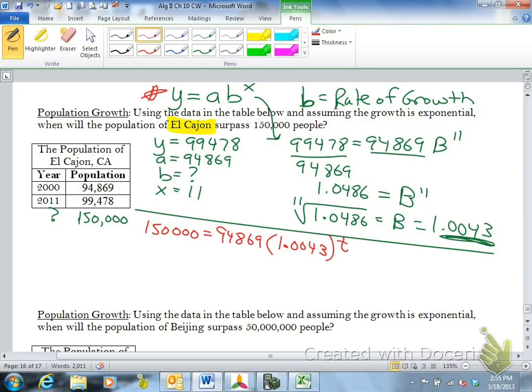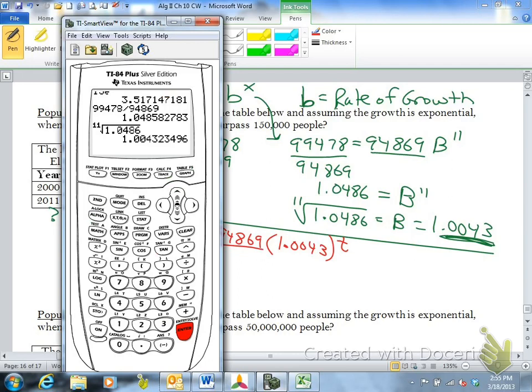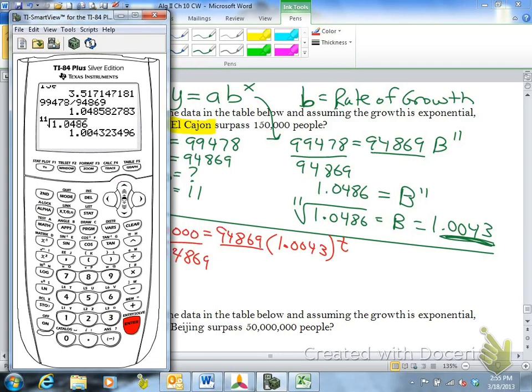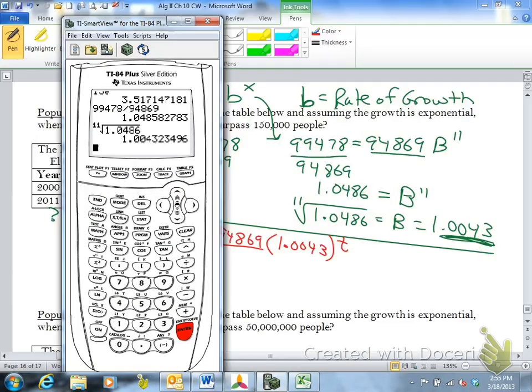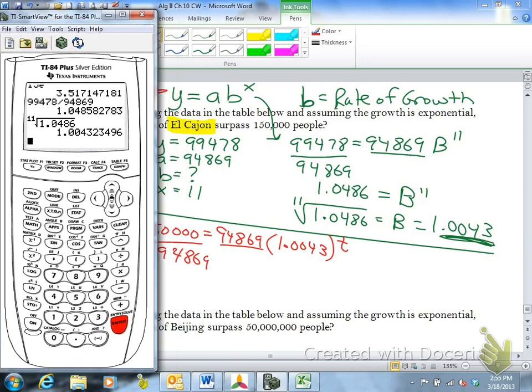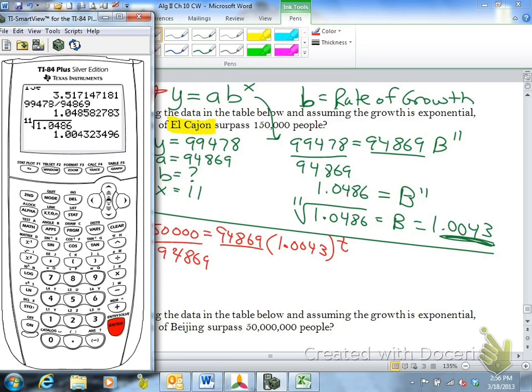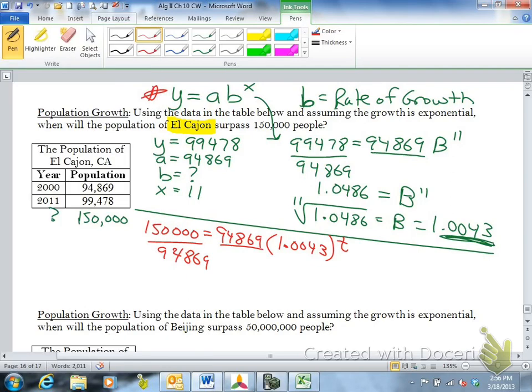At this point, we divide both sides by 94,869, so that's going to divide out. We would get 150 divided by that.